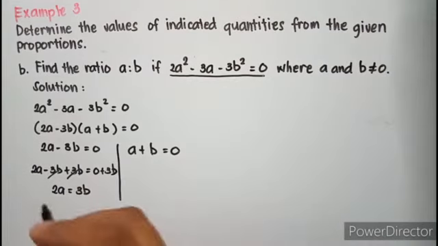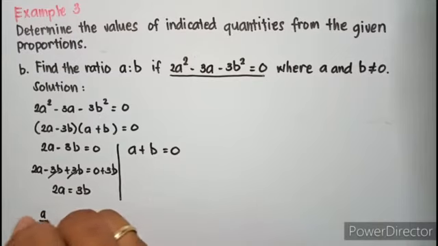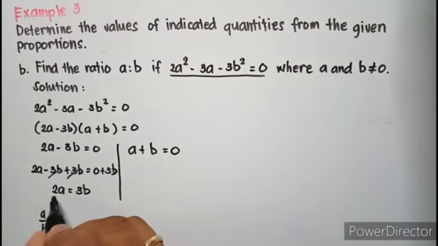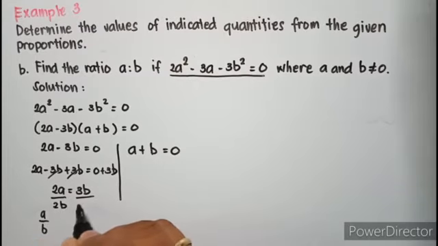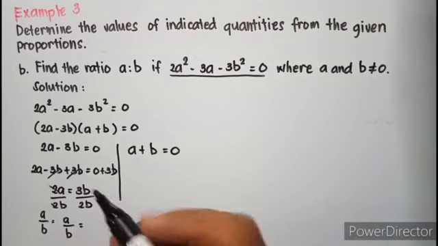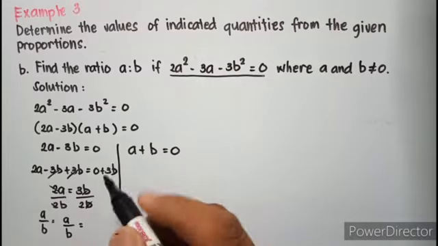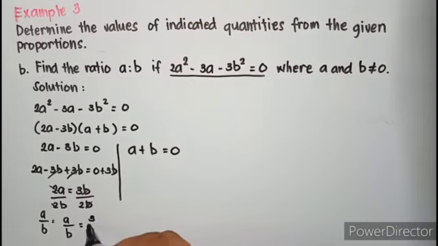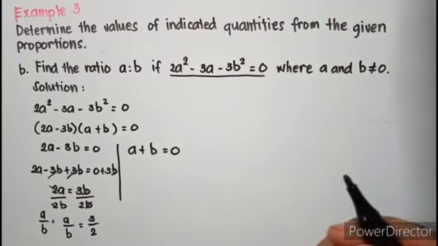Then for us to have the ratio of a over b, we are going to divide both sides by 2b. Then if we cancel 2, we will have a over b is equal to, cancel b, so that will become 3 over 2.